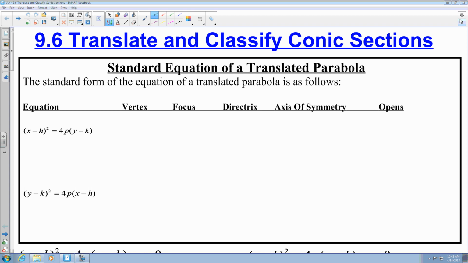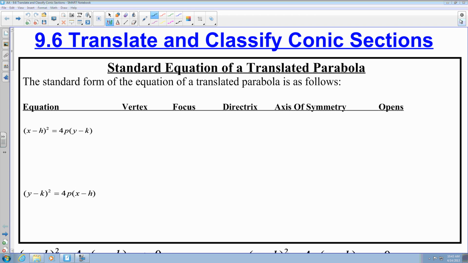So here we're going to start with the standard equation for a translated parabola. Again, we had two equations. The first one is x minus h quantity squared equals 4p times quantity y minus k.